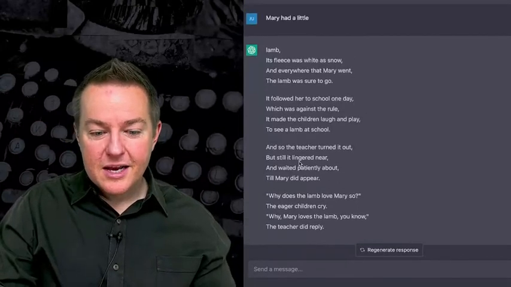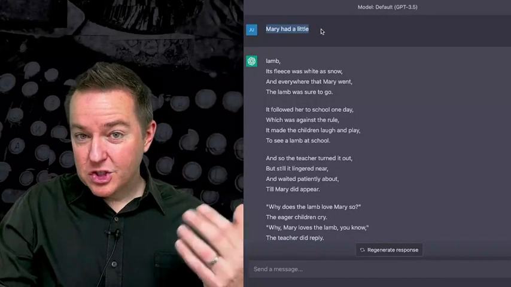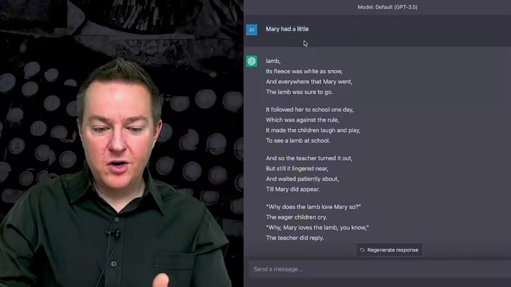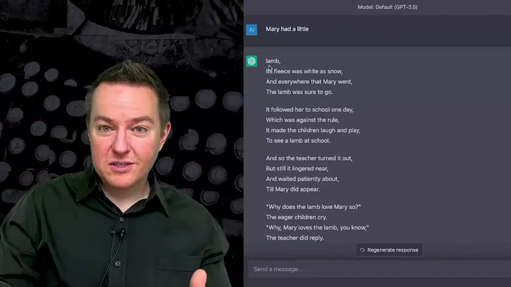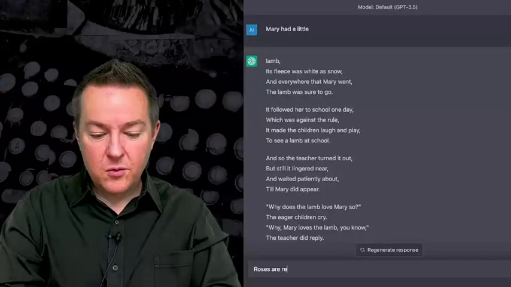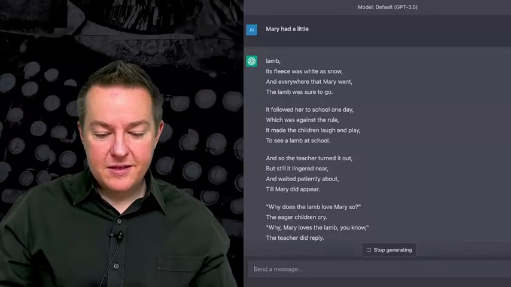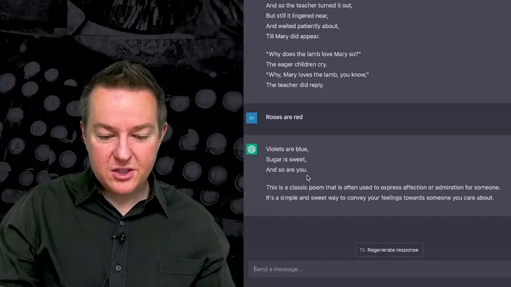And so the teacher turned it out, but still it lingered near, and it goes on and on until it stops. Now you notice what it's doing is my prompt triggered it to produce the next word. Mary had a little was my prompt, so the next word was lamb. If I say roses are red, what does ChatGPT do? It says violets are blue, sugar is sweet, and so are you.